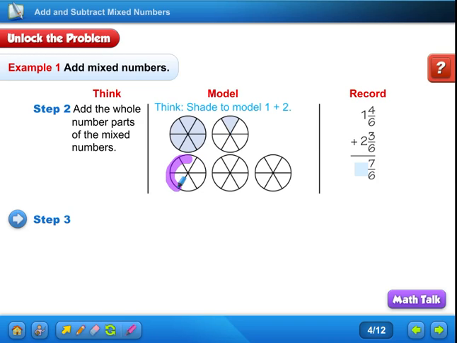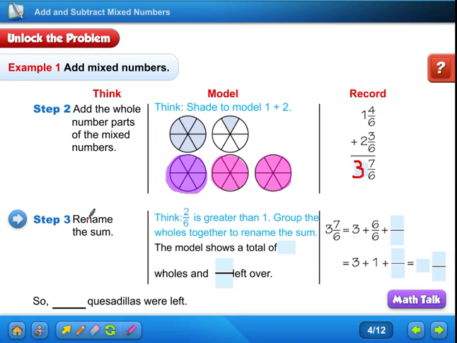So I need to shade 1 whole, and then I need to shade 2 for this one right here. How many whole pieces did I just shade? 1 plus 2 equals 3. All right.